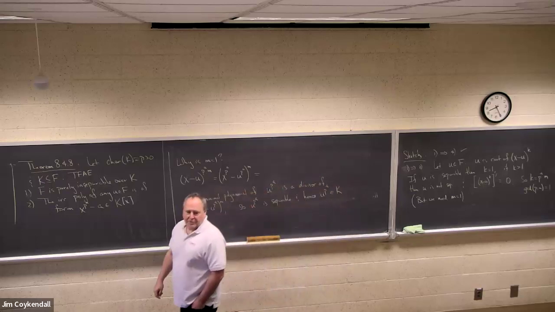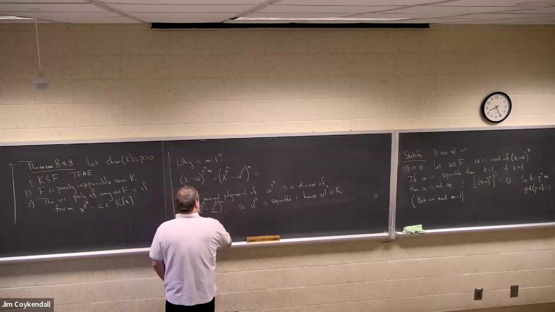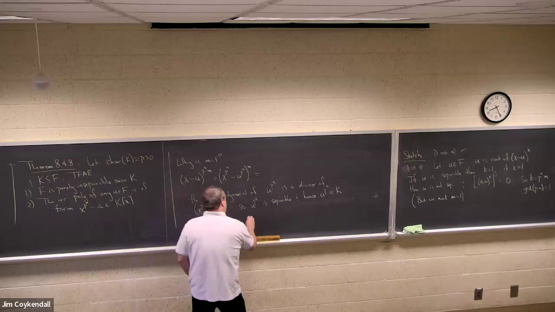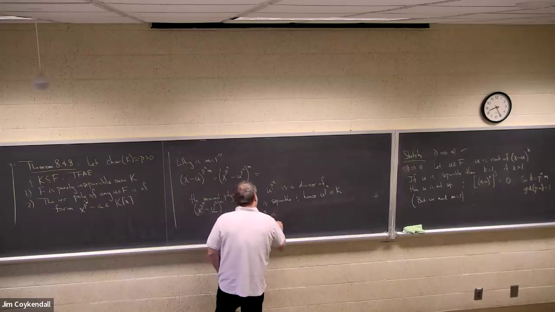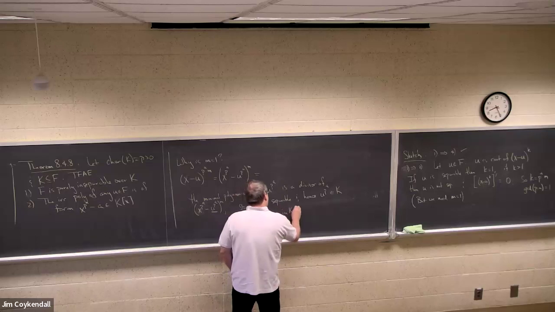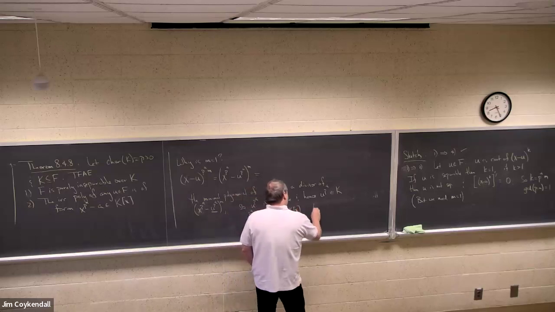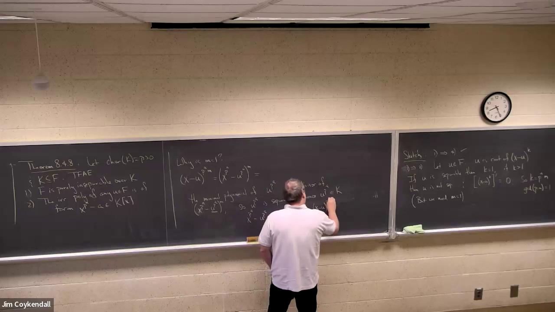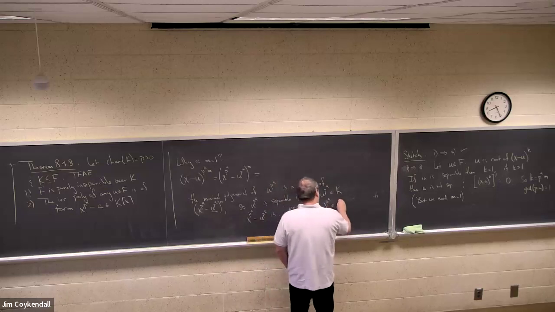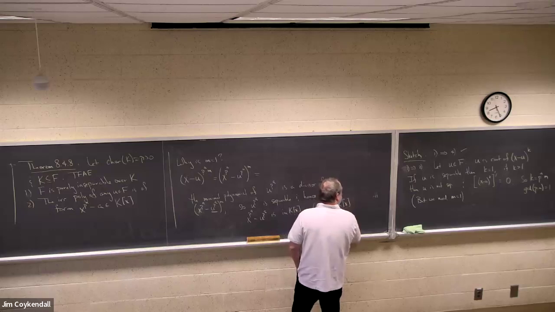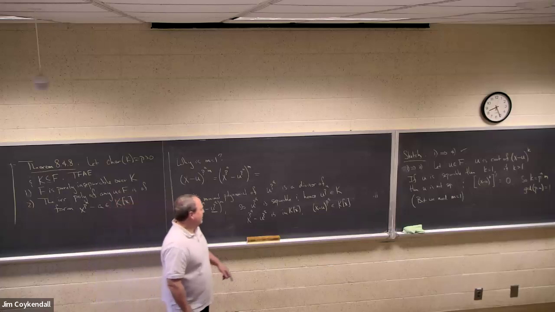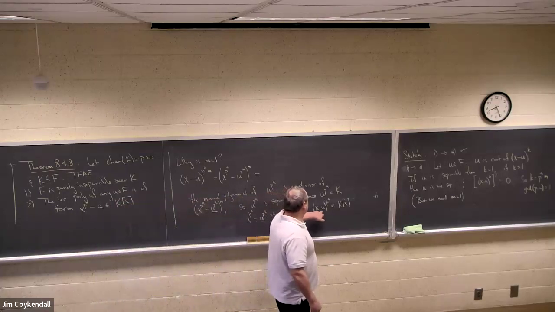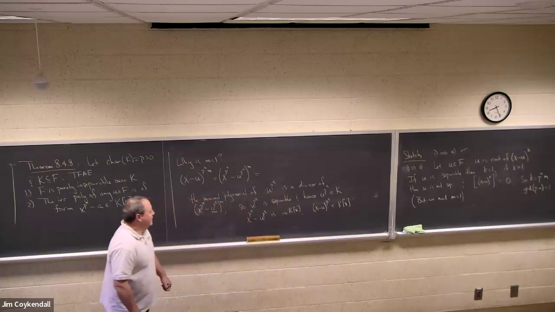So it's separable, so it must be in K. So this coefficient actually here is in K. And of course, u is the root of this. Since this polynomial is in K[x], that's exactly what you need.